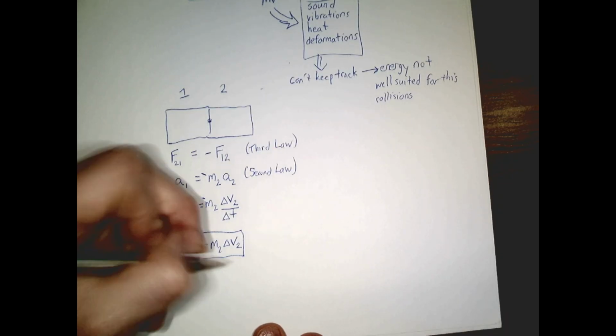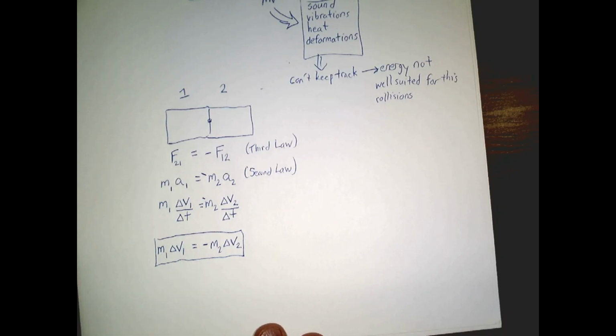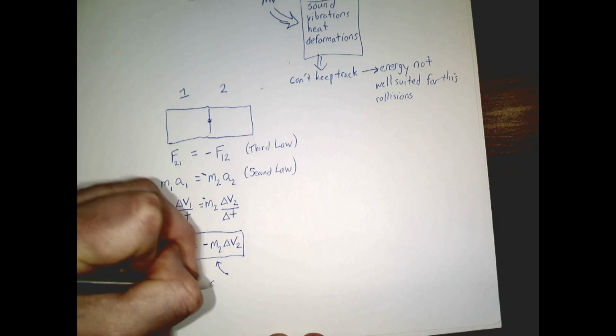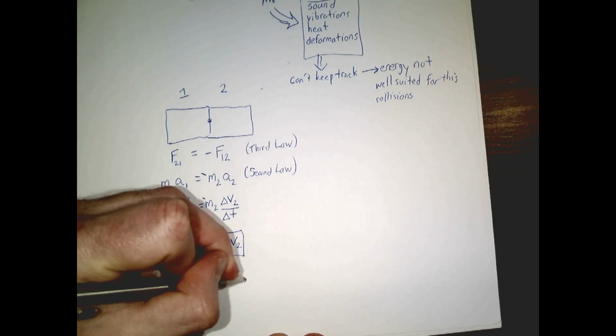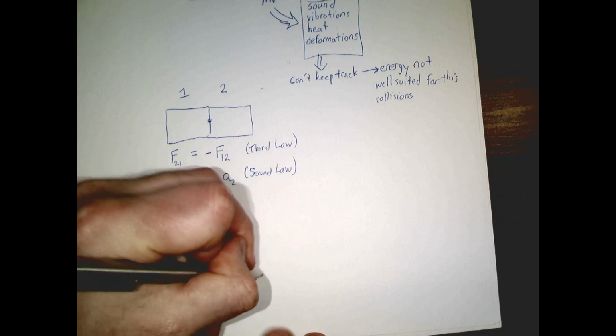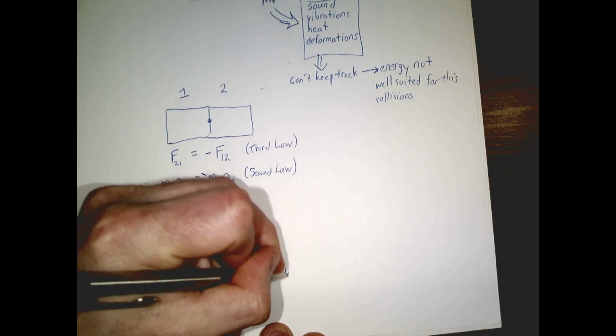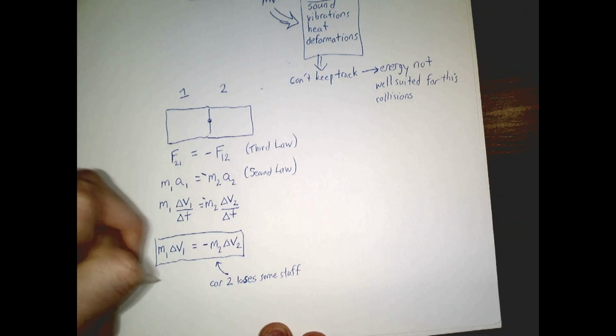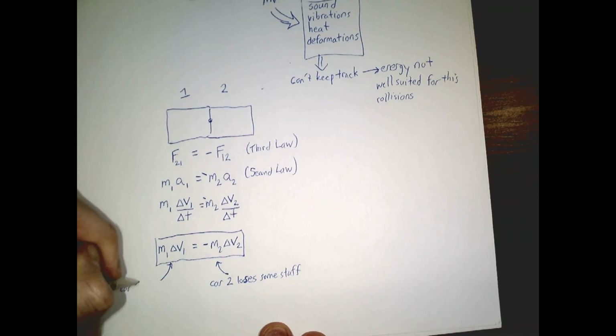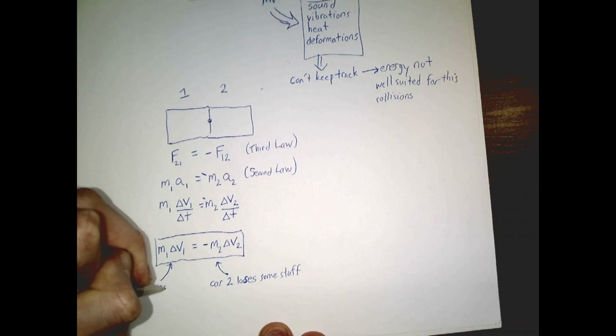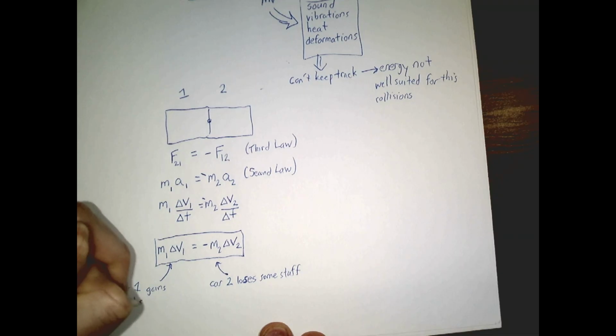So this negative sign indicates a loss. So we have car 2 loses some stuff, mv, whatever that is, and car 1 gains that same amount of stuff.